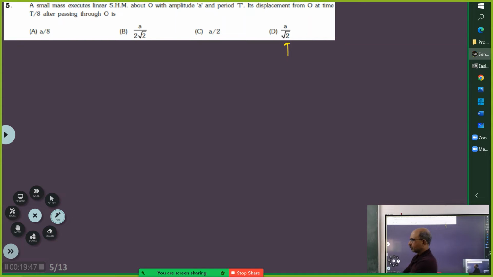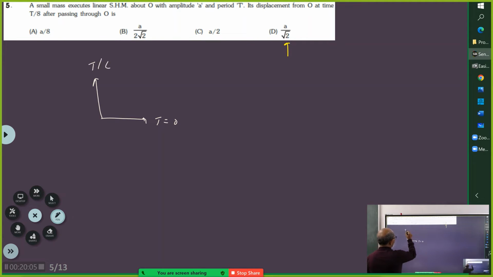Okay, fine. So it's quite a simple problem. Amplitude is a, period is T. So that means its displacement at a time T by 4. If you have taken this as t is equal to 0, then this will be T by 4, correct? So T by 2 will exactly be this.